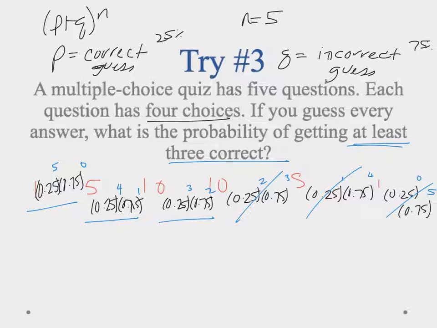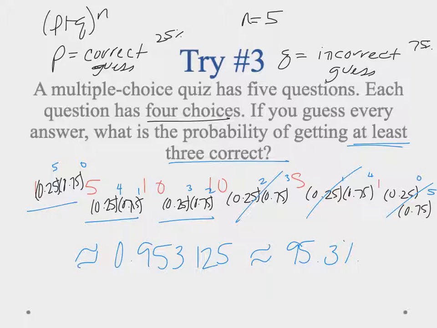I need to add that to 10 times 0.25 cubed times 0.75 squared. And that's the last one. And our answer is going to be, I got about 0.953125, which is about a 95.3% chance of getting at least 3 correct on that test.